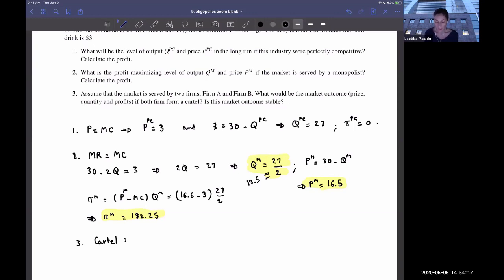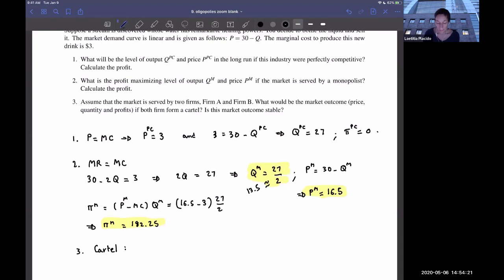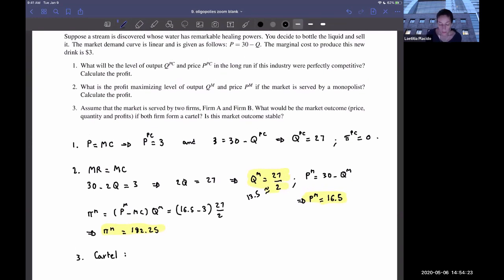Okay, so why are they splitting the profit equally here? Because we're going to assume that they have the same marginal cost. Okay, so if both firms incur the same cost of producing a certain quantity, then the cartel solution implies that they are going to split the production equally between them.